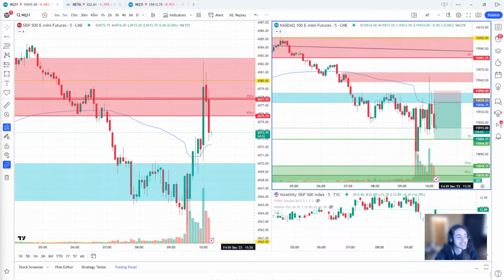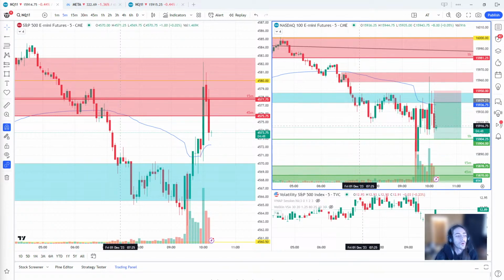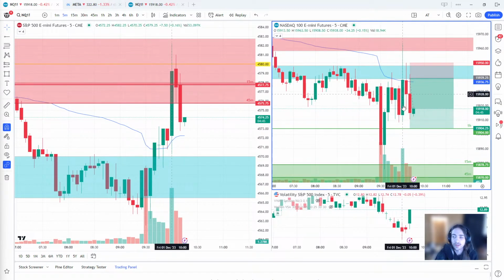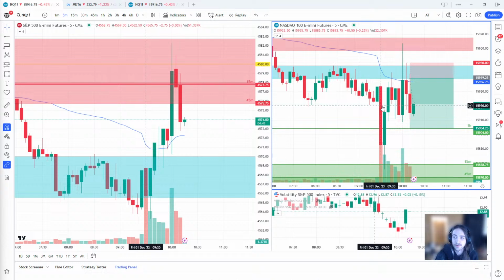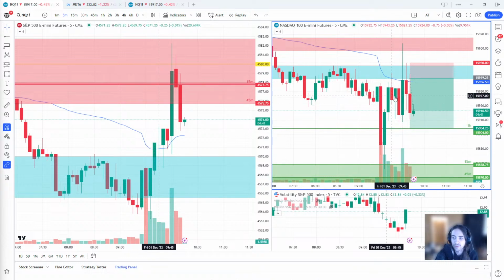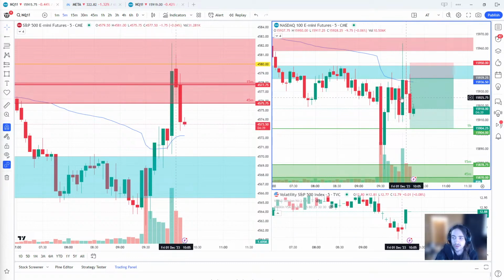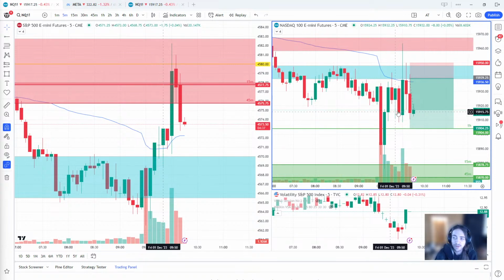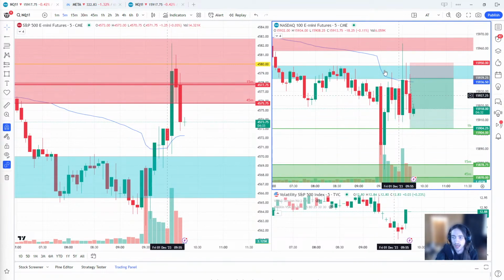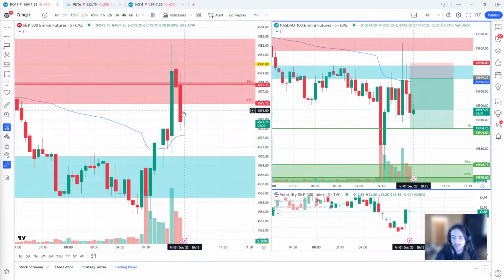What's the reason you said we weren't gonna trend? Well, I was just saying, if we look to the left right now, each candle is like 2 green, 1 red, 1 green, 1 red, 1 green, 1 red. And we're just chopping. We have a lot of upper wicks and a lot of lower wicks. We're struggling to find continuation in either direction on NASDAQ. On ES, it was more of an uptrend.